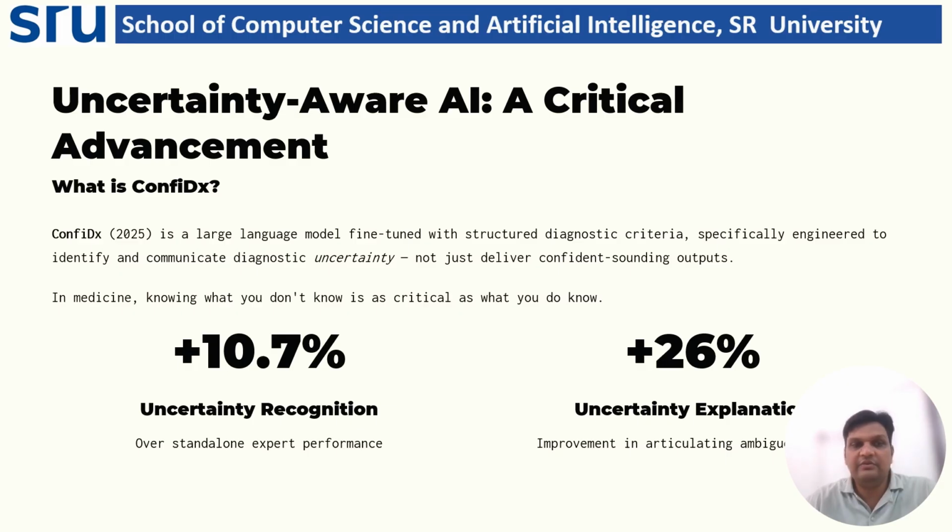Confidence 2025 is a large language model fine-tuned with structured diagnostic criteria, specifically engineered to identify and communicate diagnostic uncertainty, not just deliver confident sounding output. In medicine, knowing what you don't know is as critical as what you do know.